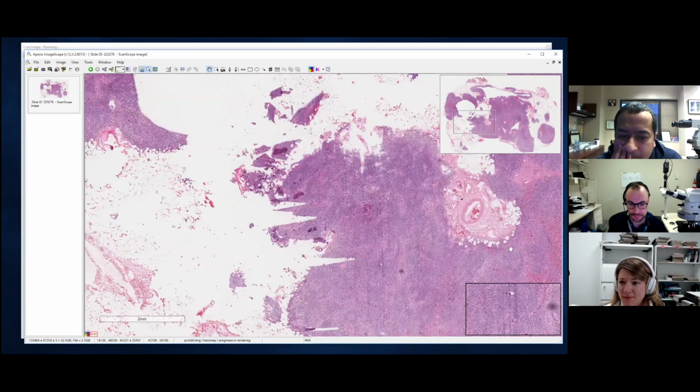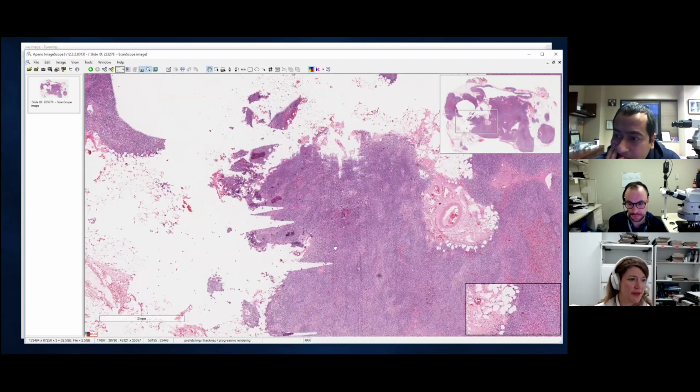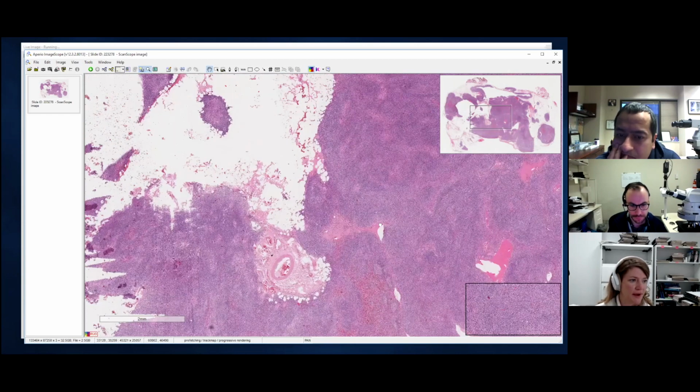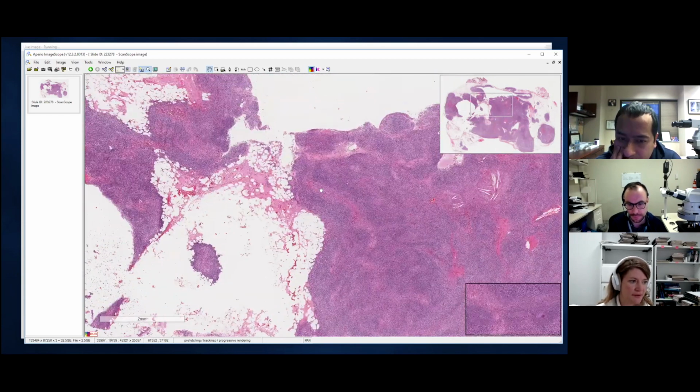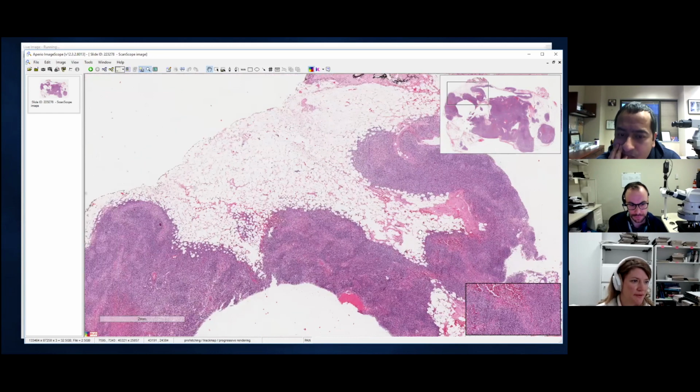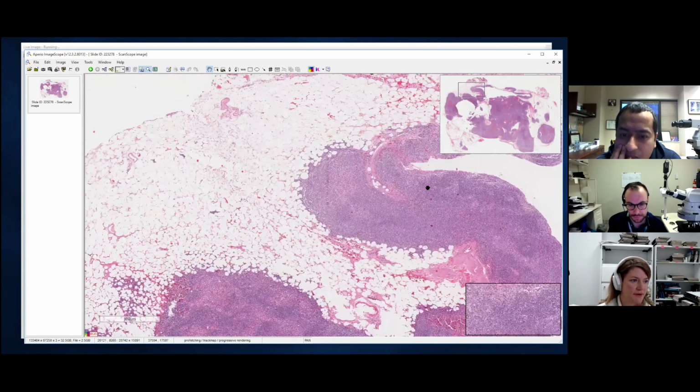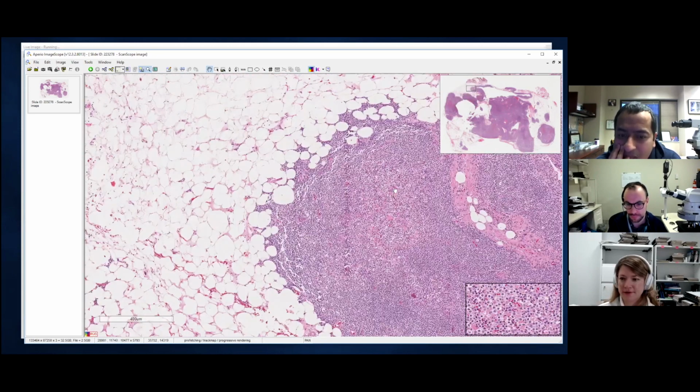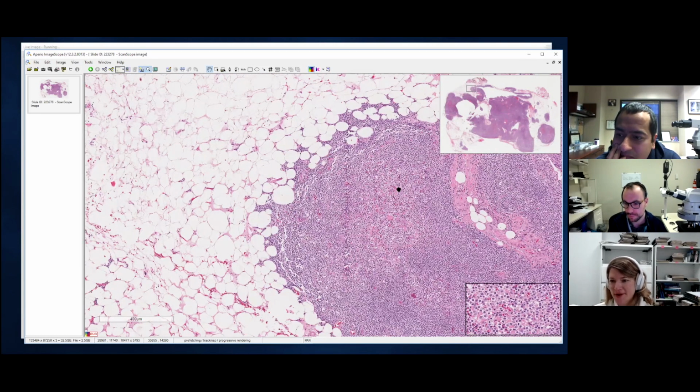It's helpful, but it's certainly not 100%. Some reactive processes may also extend into the fat, but it's another thing that makes you more concerned that you're dealing with a lymphoma. But with these low-grade lymphomas, that's why we really love having flow cytometry, because we really want to know, is there a bona fide, true clonal population?